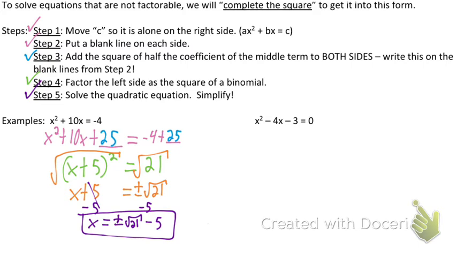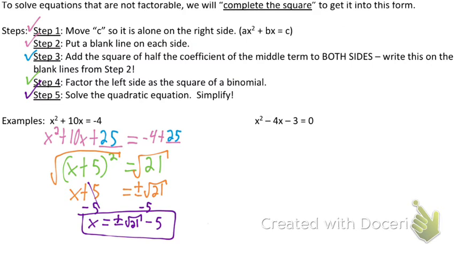The cool thing about this method is every single time, literally 100% of the times, you use this method called completing the square, and you go to factor it, you'll get something squared. You'll get something being squared every time, which makes this method handy. Now, the reason it's called completing the square is because we're adding a blank, so we are completing this side. Does that make sense how we're completing this side?